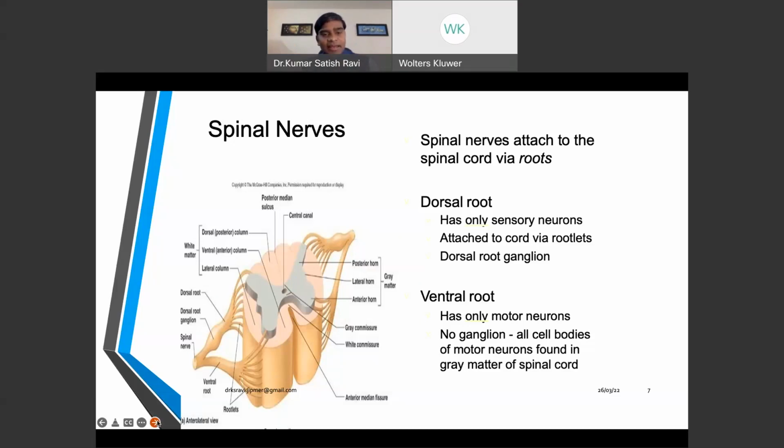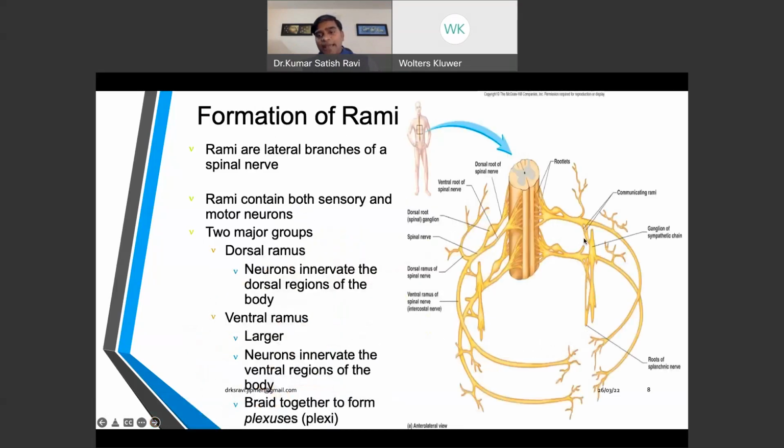You can see the ventral roots and the dorsal roots. These will unite and form the spinal nerve. The spinal nerve will further divide into the dorsal ramus, which goes posteriorly and is smaller in shape, and the ventral ramus, which is coming anteriorly.